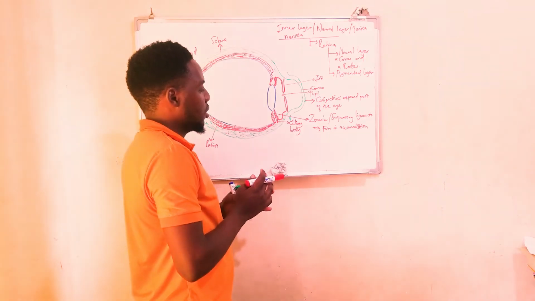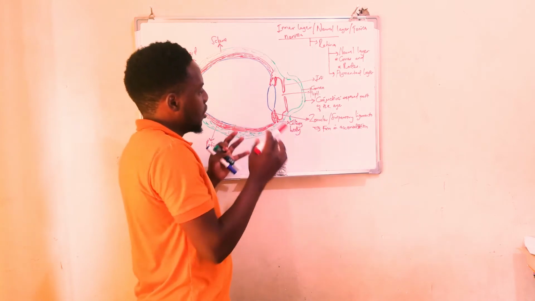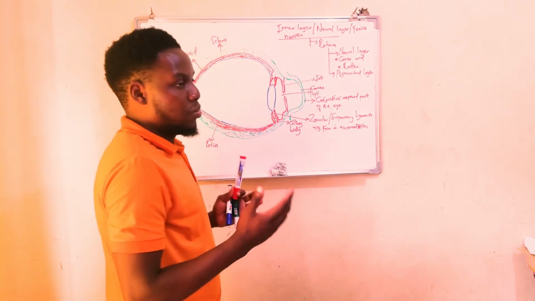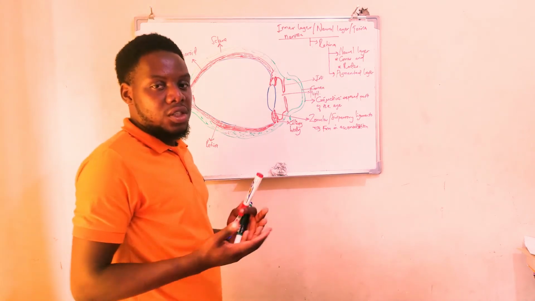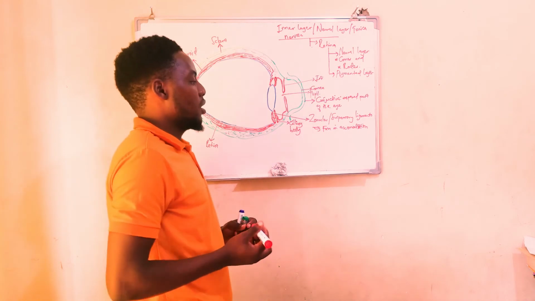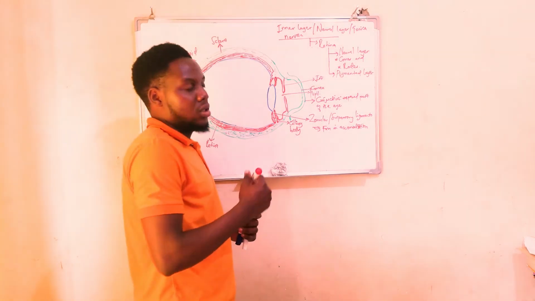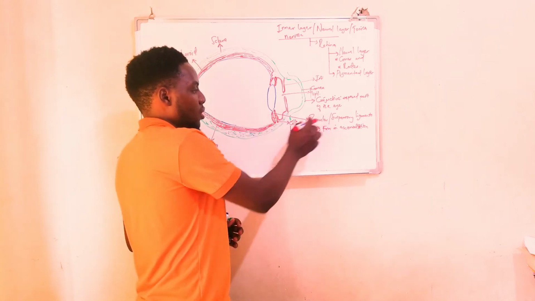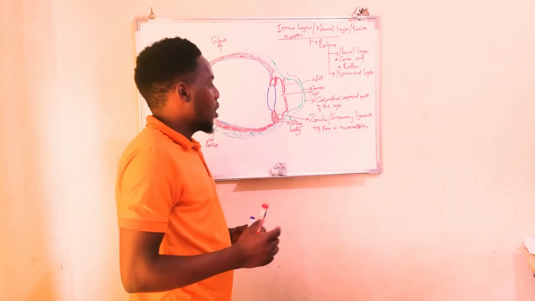When it contracts, these become loose and then the lens will bulge, and that would depend on whether you're talking about near vision or vision at a far distance. We're going to talk about that when we cover accommodation. But for now, you have to know that the zonules or the suspensory ligaments function in accommodation.